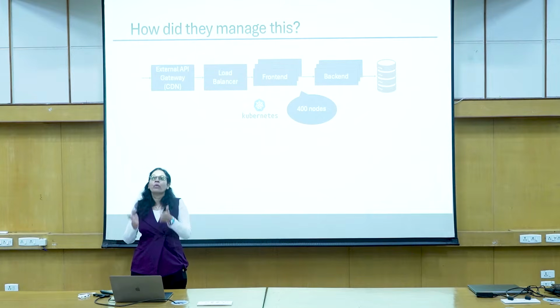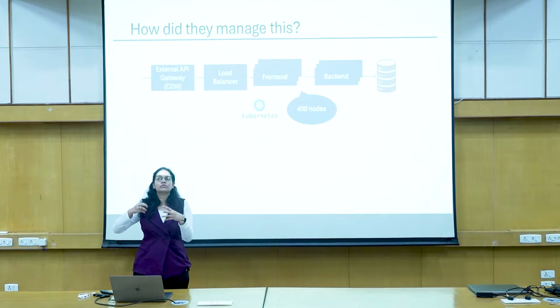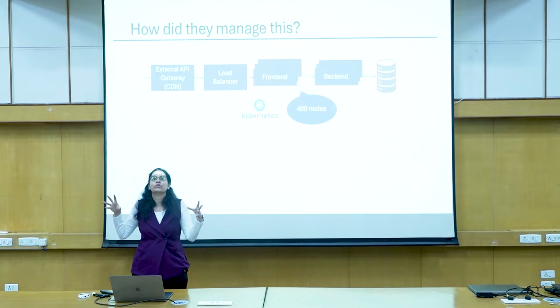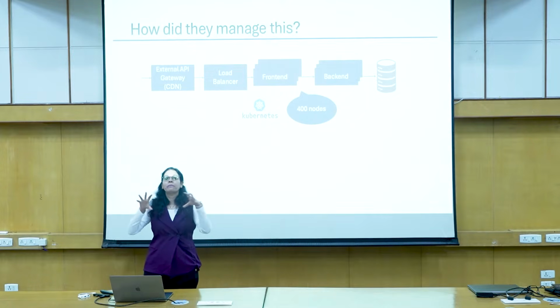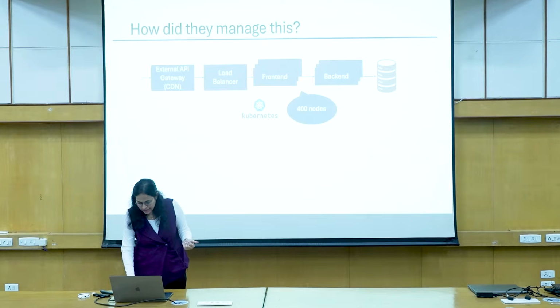And that's where they required an orchestrator to scale this system well, right? So they used Kubernetes as their orchestrator, which ran applications in pods on these Kubernetes environments, right? So this was the basic architecture of Hotstar's scalable design, right?